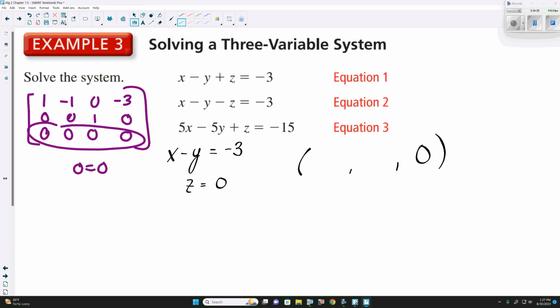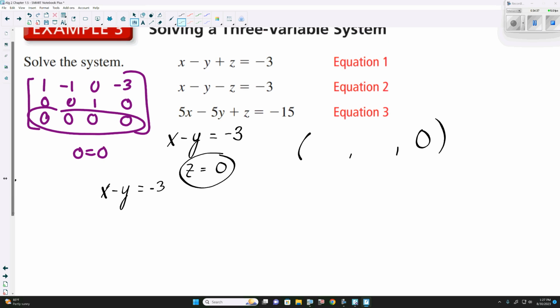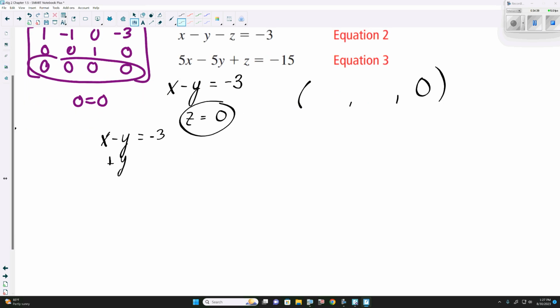Well, the value of z has to be 0. That's what it told us. This other equation, x minus y equals negative 3, I'm going to solve it for x. Add y to both sides, telling me x is equal to y minus 3.